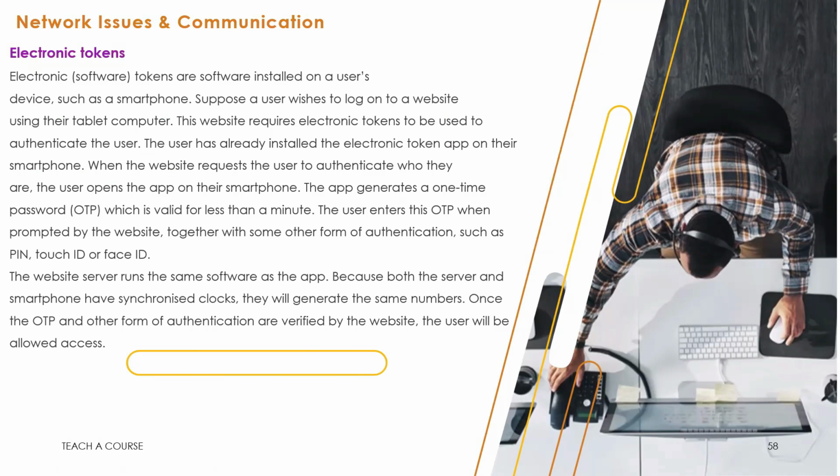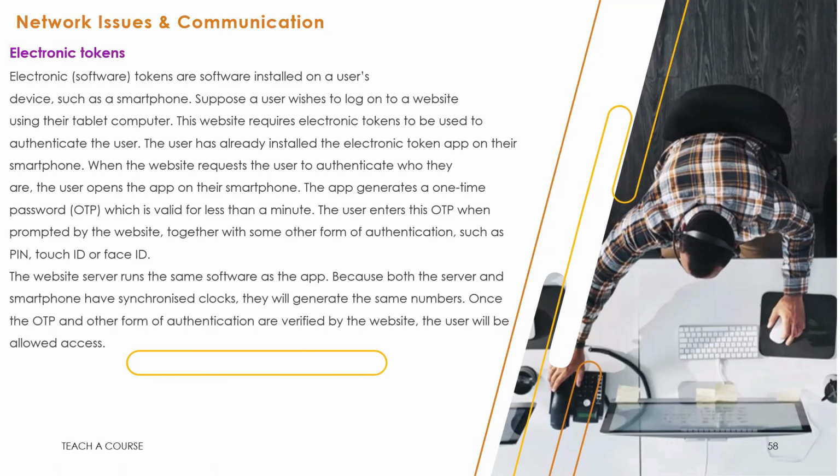When the website requests the user to authenticate who they are, the user opens the app on their smartphone. The app generates a one-time password, which is valid for less than a minute. The user enters this OTP when prompted by the website, together with some other form of authentication, such as PIN, Touch ID, or Face ID.